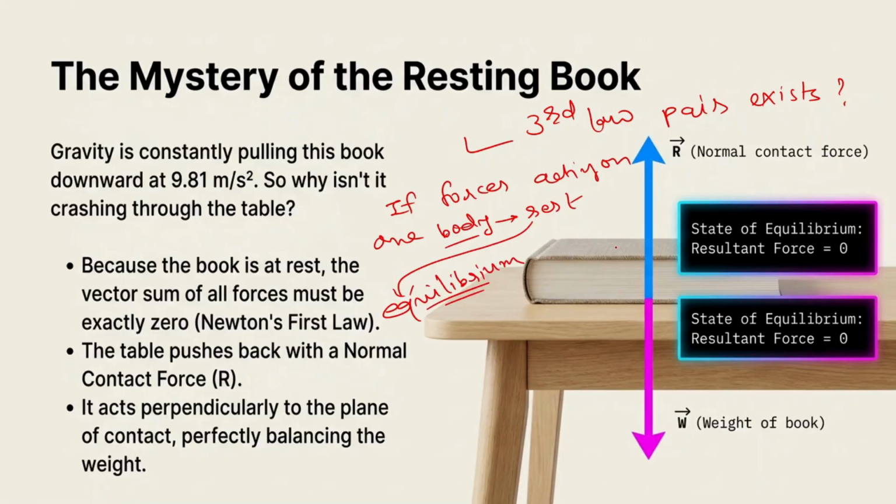So in this case, you can say the book is in an equilibrium state because the total external force acting on it is zero. The vector sum is zero. So our question is, does a third law pair exist in this case?